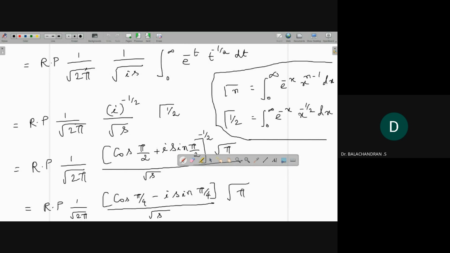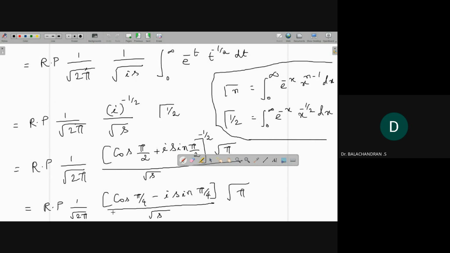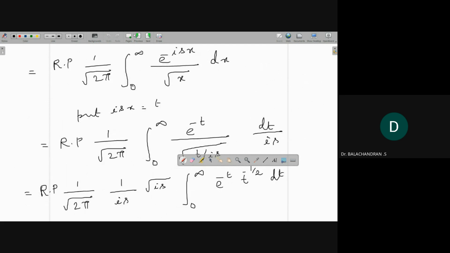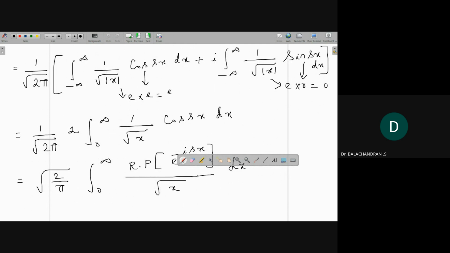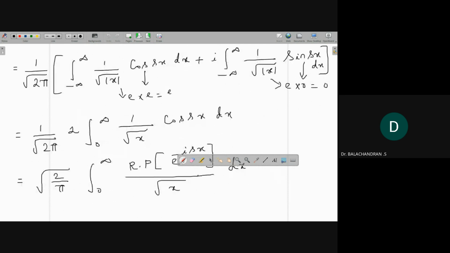But here we need only the real part. So that's why... By root 2, I think I made a mistake. Root 2 and root 2 get cancelled. Yes, here I wrote root 2 by pi.